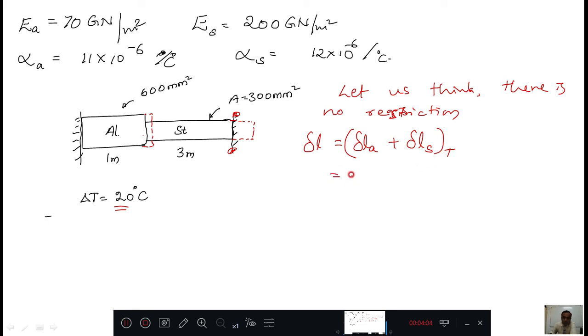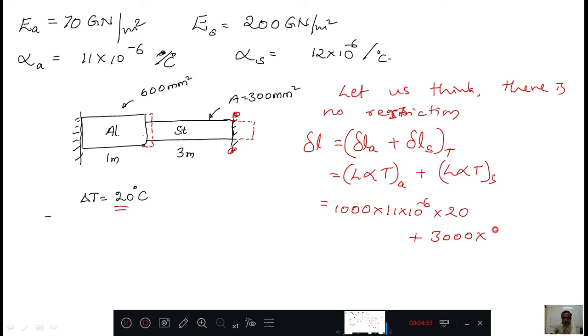Therefore, L alpha T of aluminum plus L alpha T of steel. L is 1000 mm, alpha is 11 into 10 raised to minus 6, T is 20 degrees centigrade, plus L is 3000 mm into alpha is 12 into 10 raised to minus 6, then T is 20 degrees centigrade.